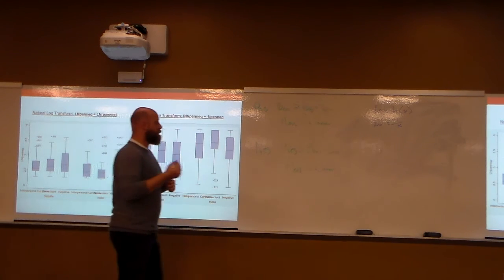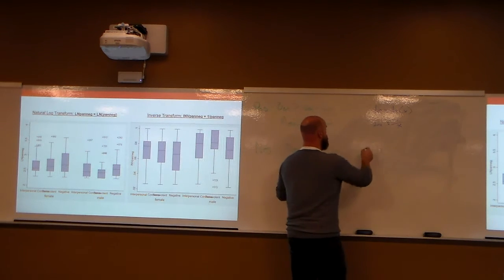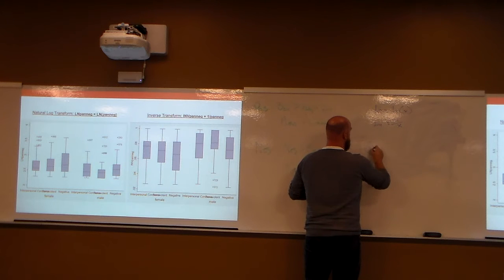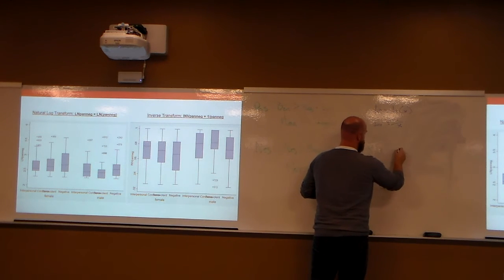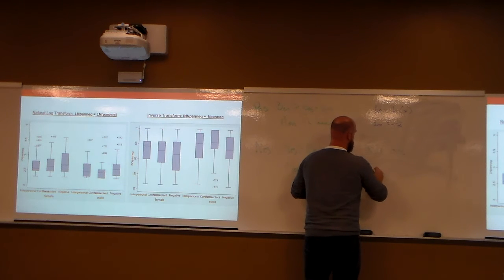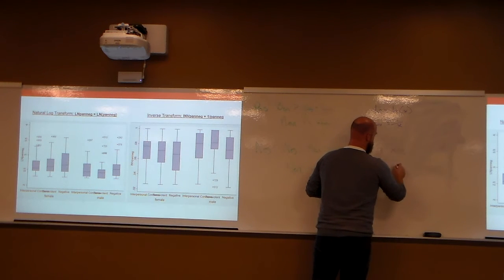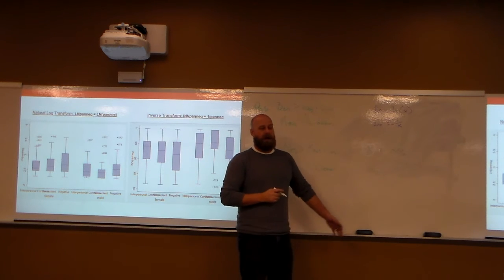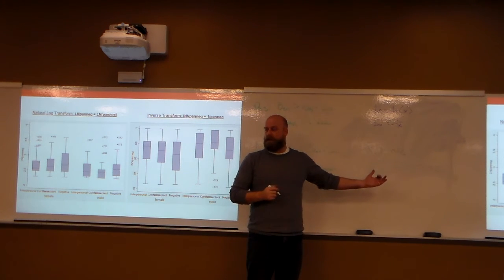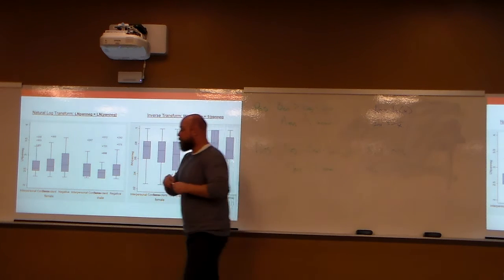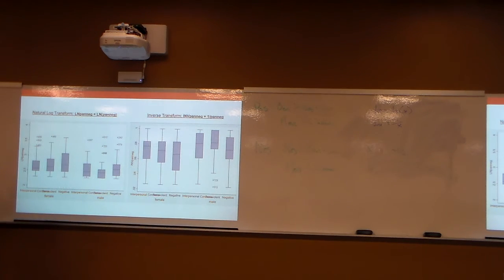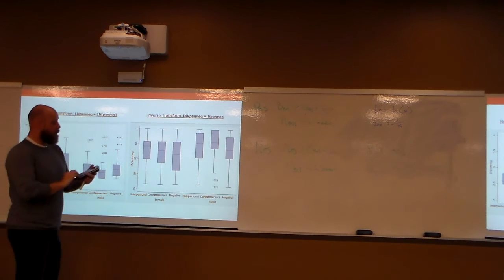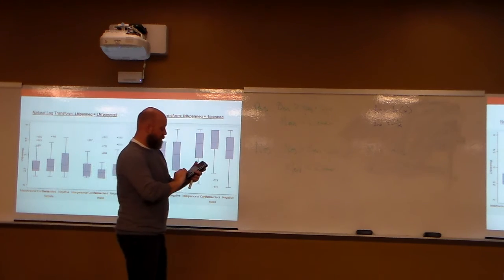Say the mean for study 1 is 0.006, and the mean in group 2 is 0.010, right? I can take those means and inverse those, 0.01.